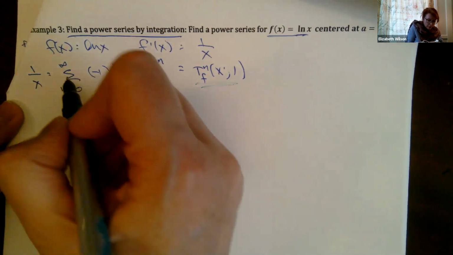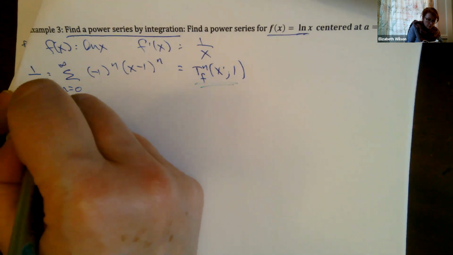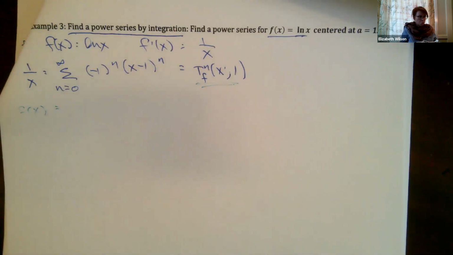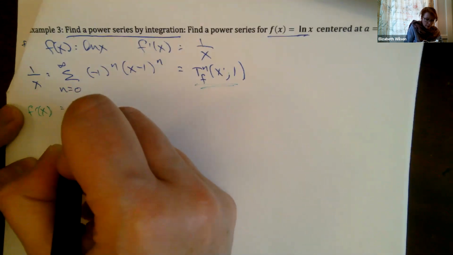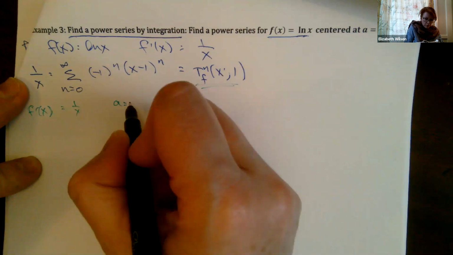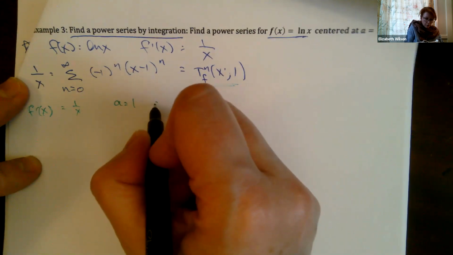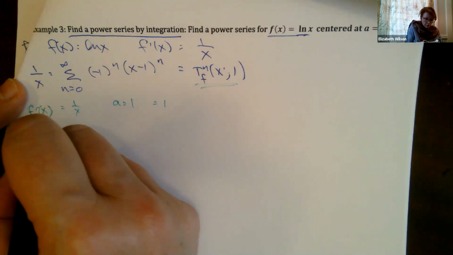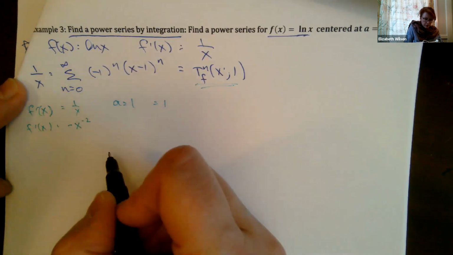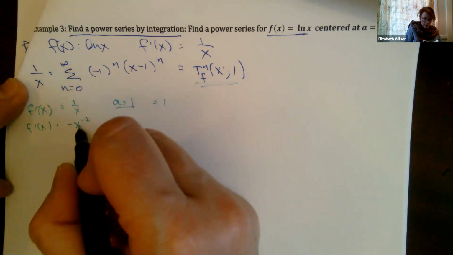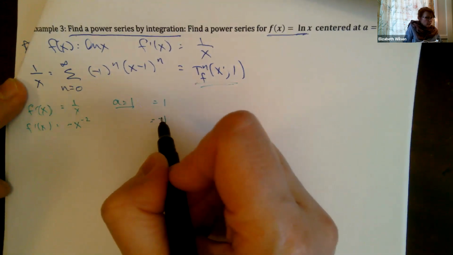So I'm going to go with my function. If my function is equal to 1 over x, and my a is equal to 1, 1 over 1, my first term is equal to 1. My first derivative is equal to minus x to the minus 2, right? So with a equals 1, if I evaluate that, I'm going to get minus 1.